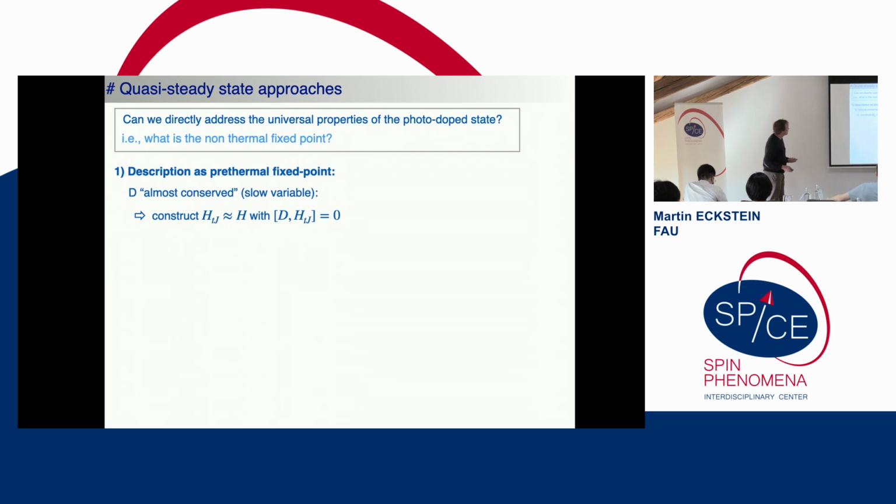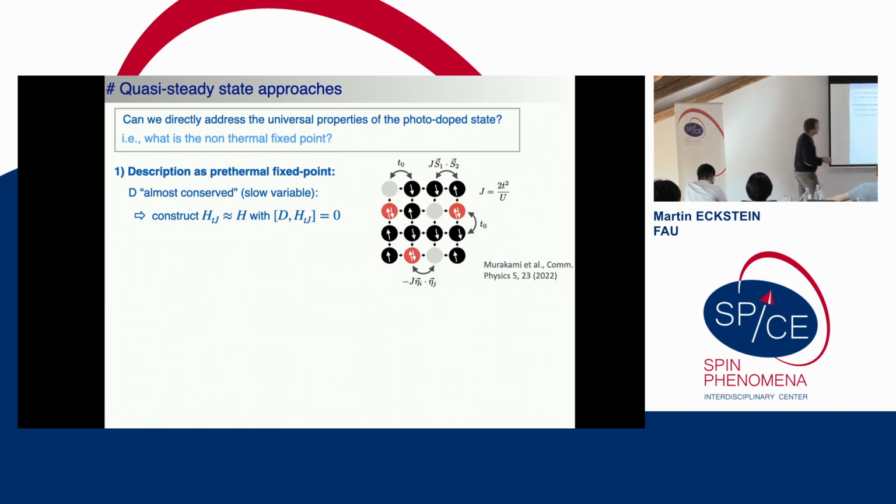And this is a work by Yuta Murakami, and also Andy is on this, where you say that in these Hubbard-type correlated models, what the pulse does is create doubly occupied sites out of a Mott insulator. What is almost conserved is the number of these doubly occupied sites and holes. So you should write an approximate Hamiltonian that conserves these.